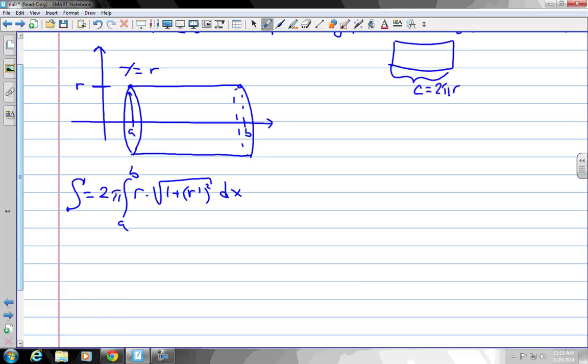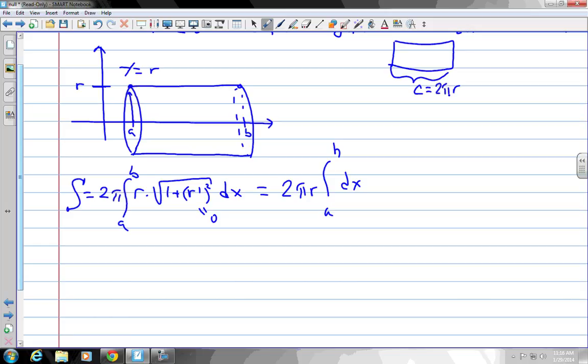So what's the derivative of r? 0. r is a constant with respect to x. So I can actually pull r outside the integral. The derivative of r equals 0. So all we have is the integral from a to b of dx.